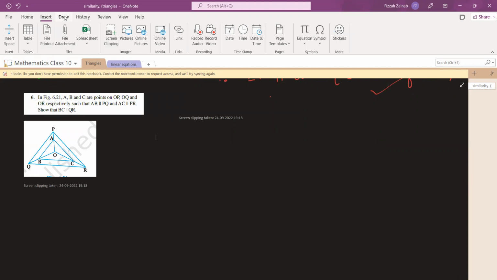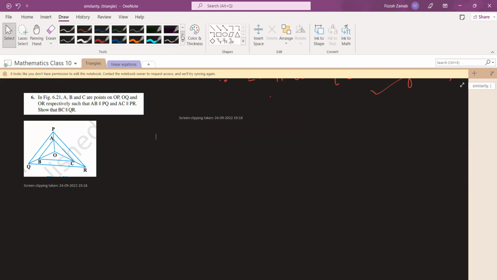Right, this is the figure. Let us see what is given here. A, B, C, as you can see, are points on OP, OQ, and OR respectively, such that it is given that AB is parallel to PQ.